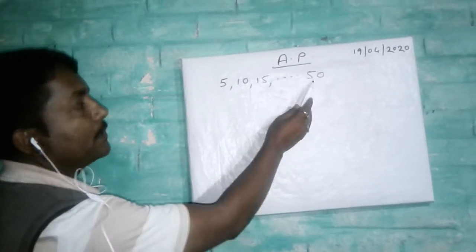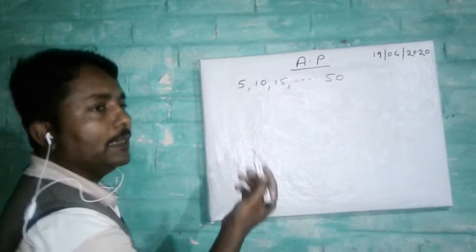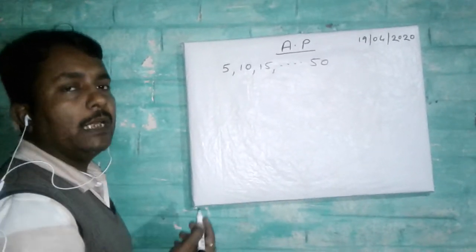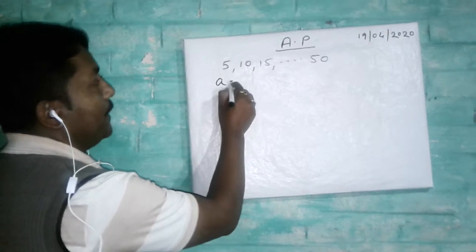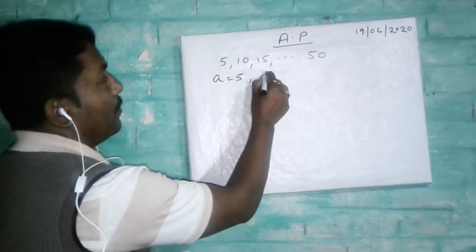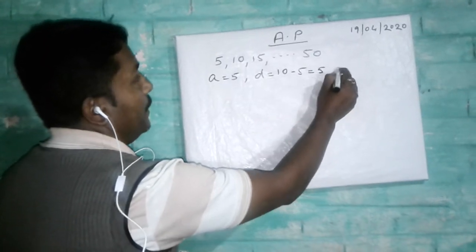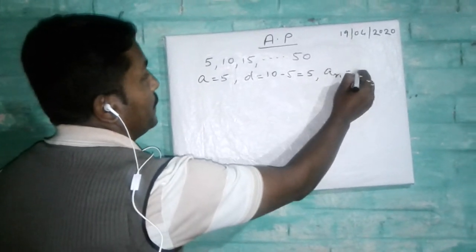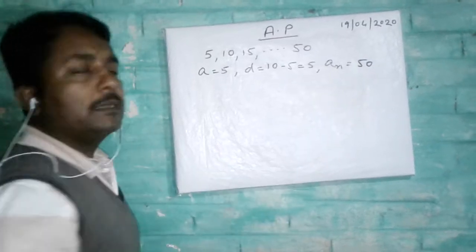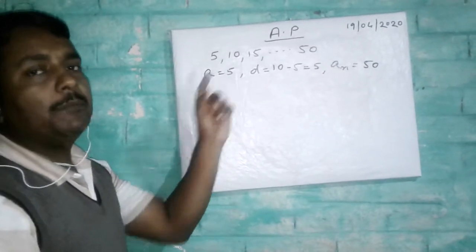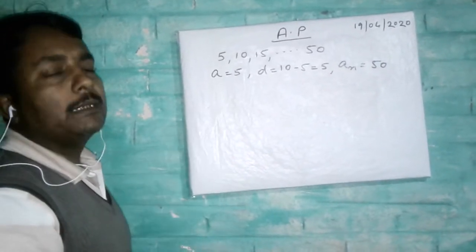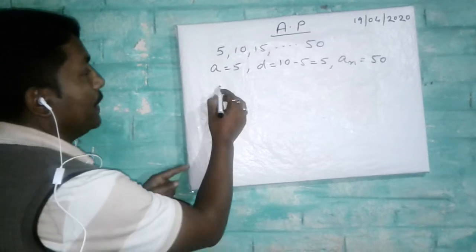And this is the last term, which is generally represented by either L or An. That is, here A is 5, the common difference is 10 minus 5 is equal to 5, and the nth term is 50. They may ask you to find the value of n, and this is a very important question for the examination. So how can we find it?